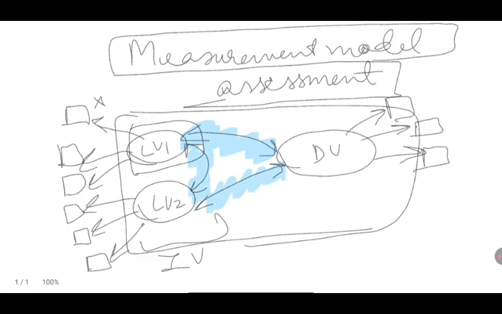So irrespective of being dependent or independent, we link all three with covariances in measurement model assessment. Now when we run this measurement model assessment, we estimate the factor loadings and check whether they are at least 0.7, and we also check the normality, univariate and multivariate normality, because that is essential to be checked for maximum likelihood estimation.